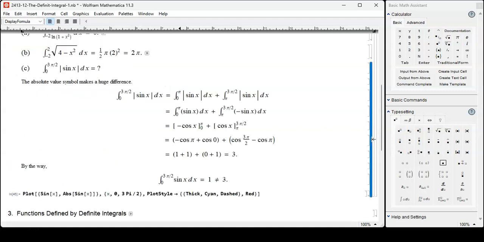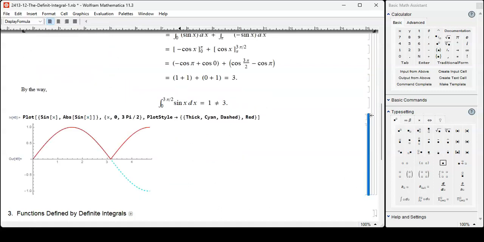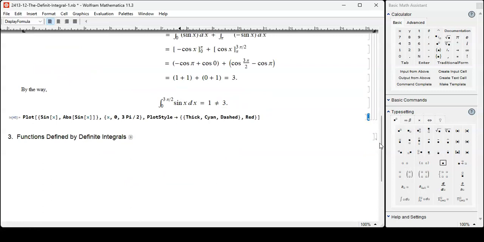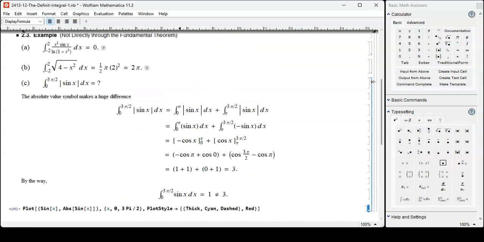How do you deal with that? There can be many ways, but the most standard way is to separate the domain, separate the interval, then calculate the definite integral separately and apply the fundamental theorem separately. And of course, graphical justification always helps, so plotting is always encouraged.